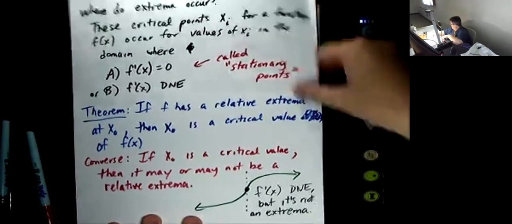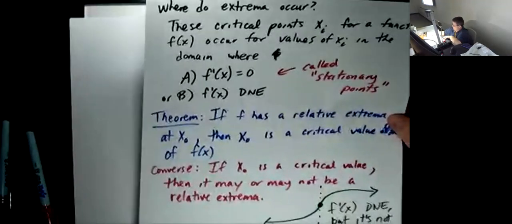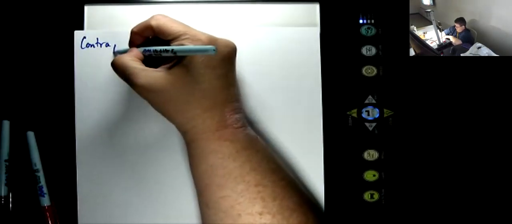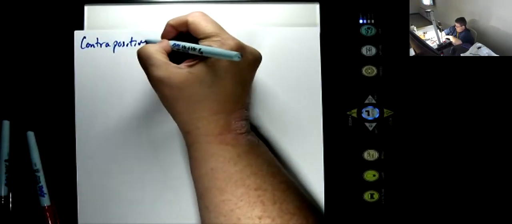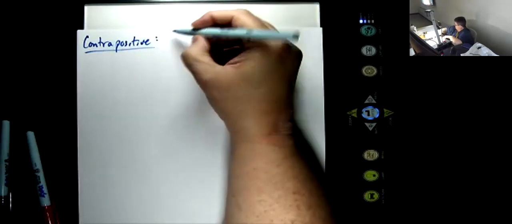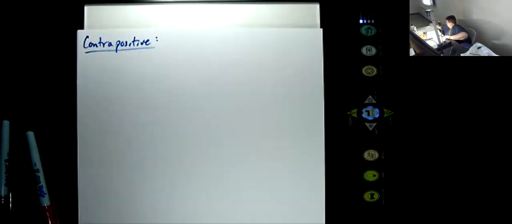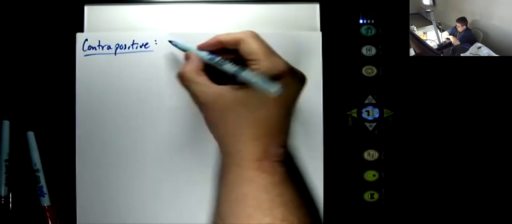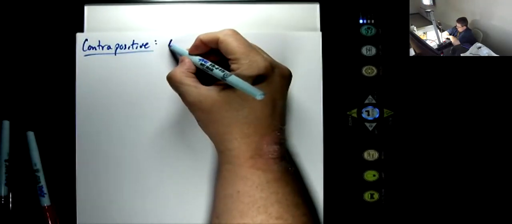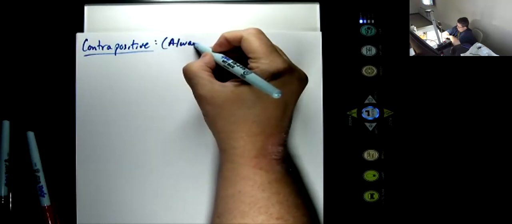Okay. Then there's something called the contrapositive, where we talk about the other way. Do the opposite of what we were just talking about. This is an always-true equivalent expression.